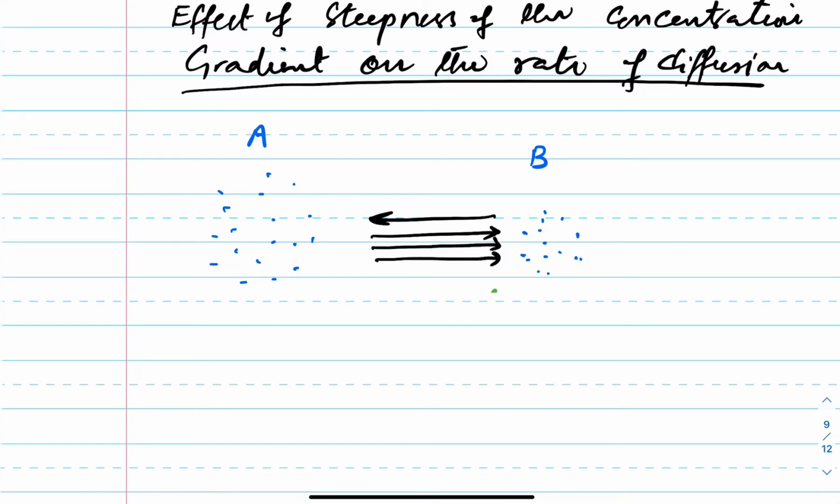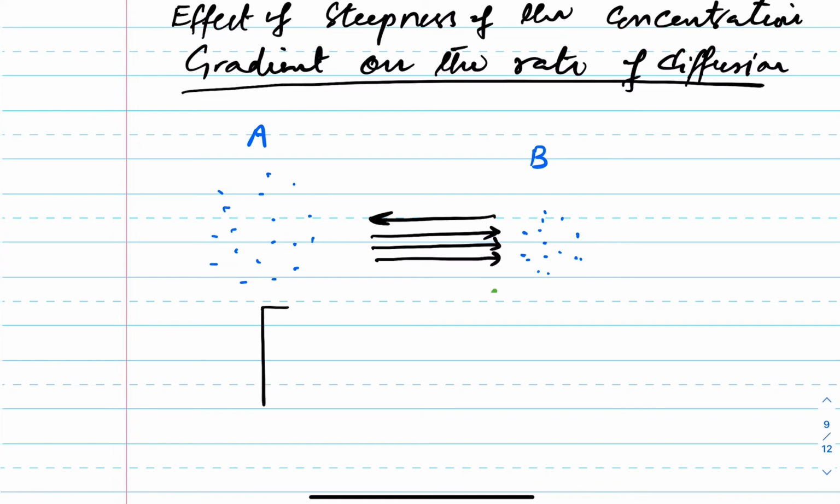So the net movement will be from A to B. The rate of movement of these molecules depends on the difference between the concentrations in these two regions.